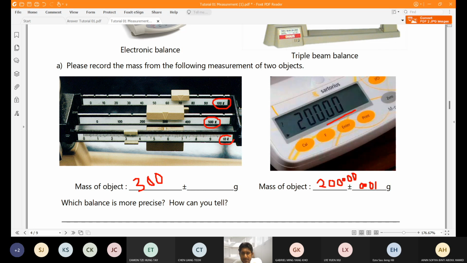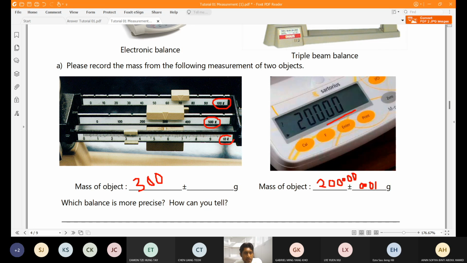So for this, we will see 300 is here, the main beam is showing this 300, and the subsection is showing 70. Another section is showing 3, I mean 3 past how much? 1, 2, 3.